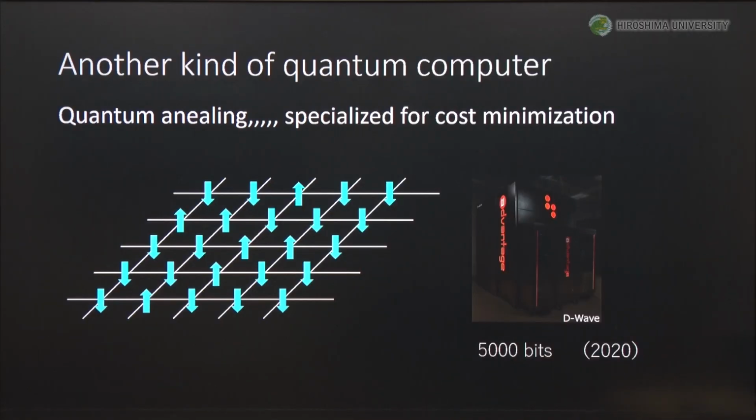Actually, there's another kind of quantum computer called quantum annealing. This uses a different physical system from the general purpose quantum computer, but is specialized for cost minimization. Because it is specialized for cost minimization, it has already been developed to, let's say, 5,000 qubit computers in the 2020s.